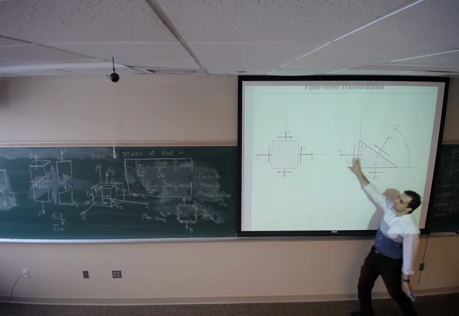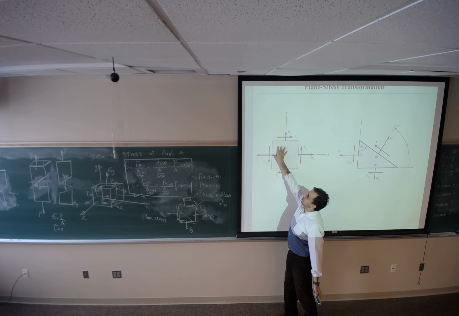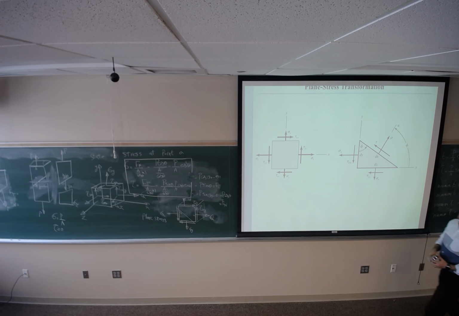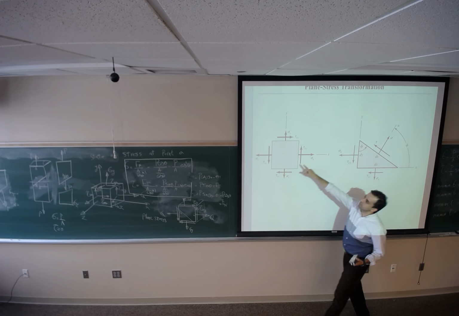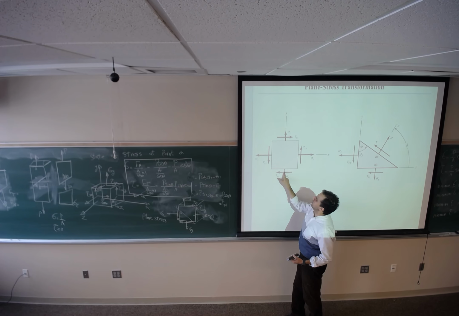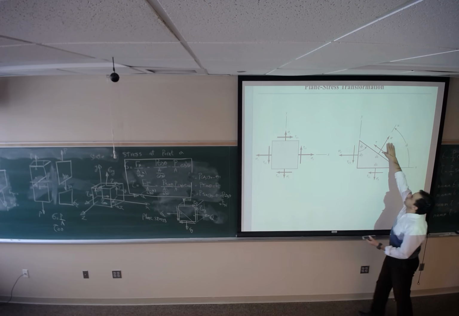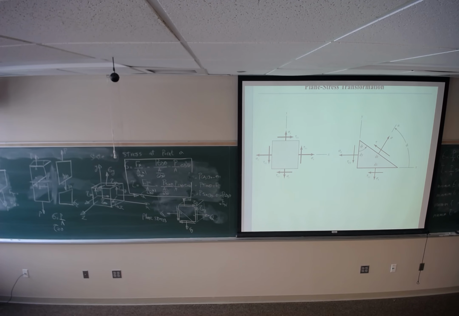If the values of the original squares are given, so we know what would be sigma x, tau xy, sigma y, and tau xy, what would be the new sigma and shear stress applied to this?